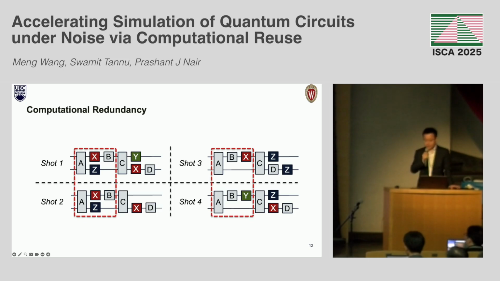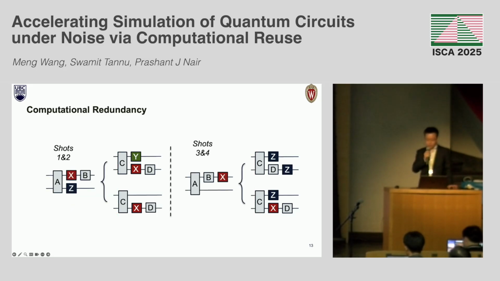Similarly, in shots 3 and 4, they are almost the same, differing only by one noise operator. This allows us to run the first part of the circuit, cache the results, and then reuse them for the later half of the circuits, both across shots 1 and 2 and across shots 3 and 4. This approach gives us a 25% reduction in computation.